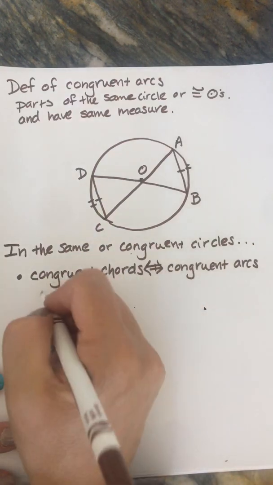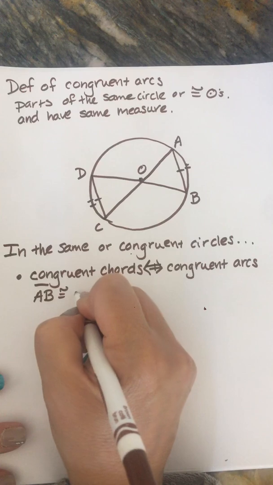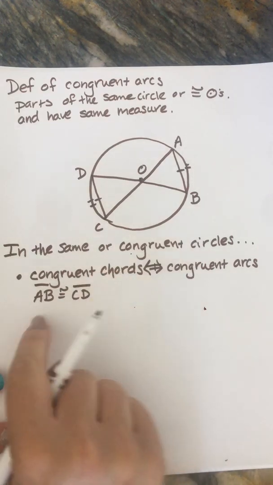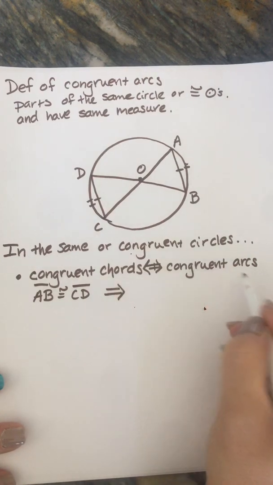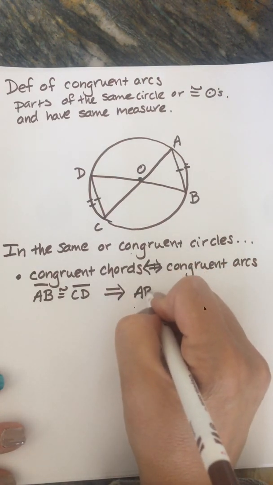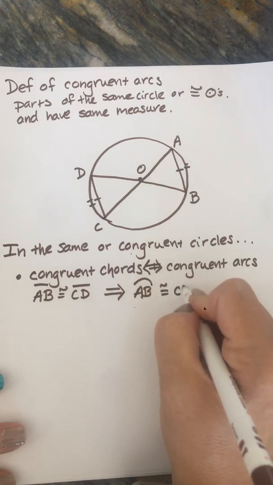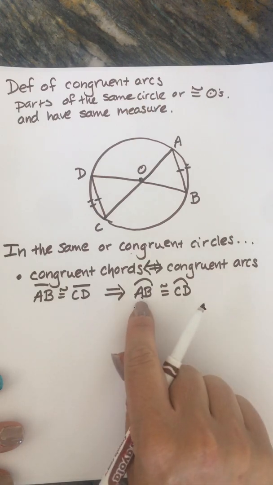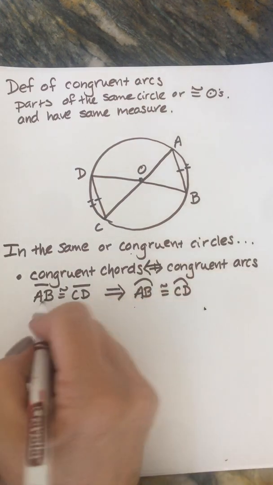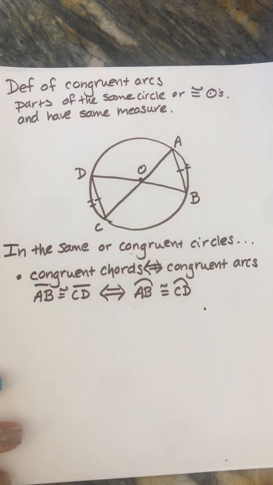Congruent chords would be AB is congruent to CD, straight lines, right? Congruent chords. If that's true, then the arcs are congruent. So arc AB is congruent to arc CD. Likewise, if we know that arc AB is congruent to arc CD, then chord AB is congruent to chord CD.